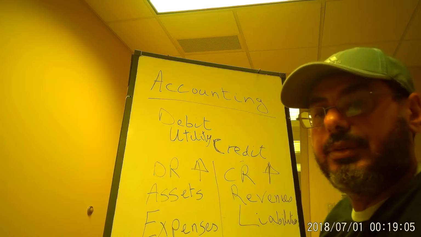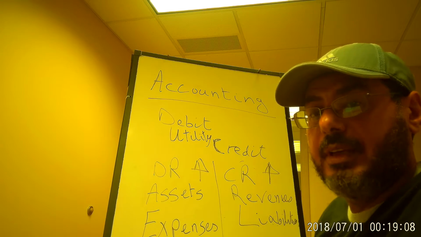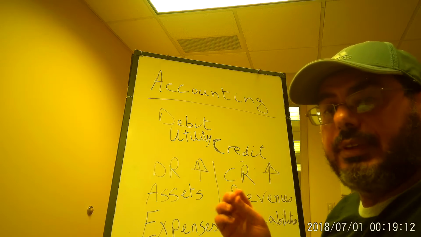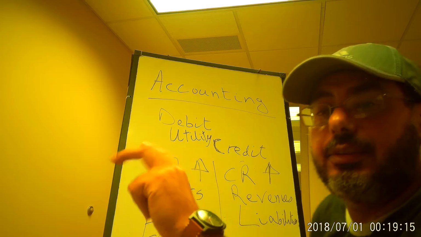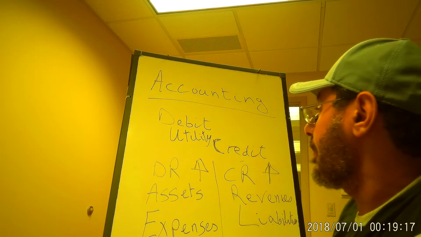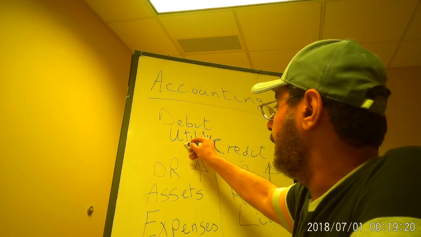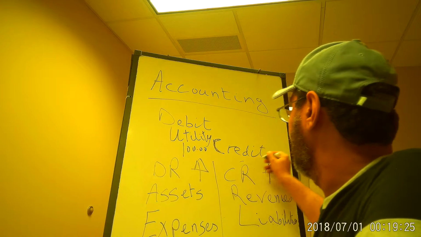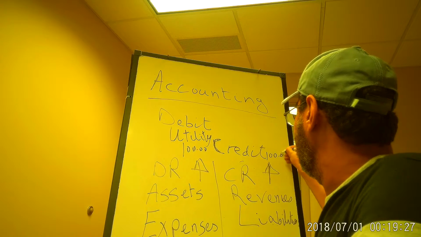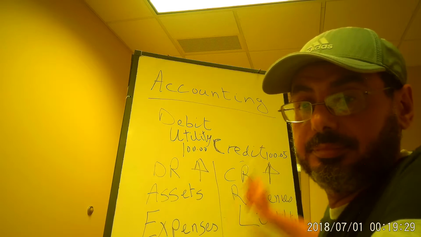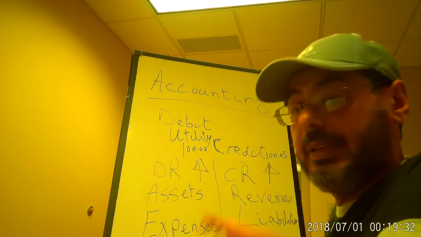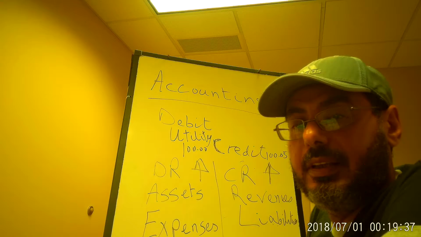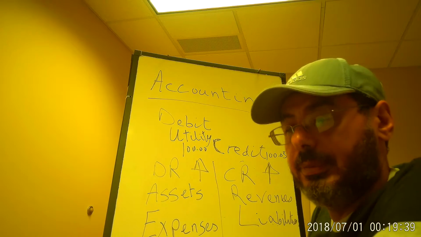And of course, if you're using an accounting system, this is the only good thing about an accounting system that will help you. It would tell you that it doesn't balance. Let's say you're trying to enter a journal entry, and you put $100 here, but here you put 105. It's not going to let you enter it. It's going to flag it and tell you the journal entry or the check or whatever doesn't balance.